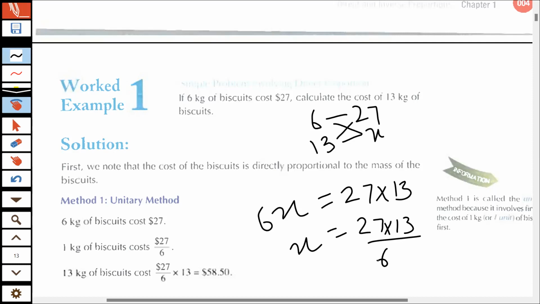So our answer is coming out as $58.5. It's very simple. And it makes common sense too, that if 6 kg cost $27, then ultimately 13 kg would cost more.